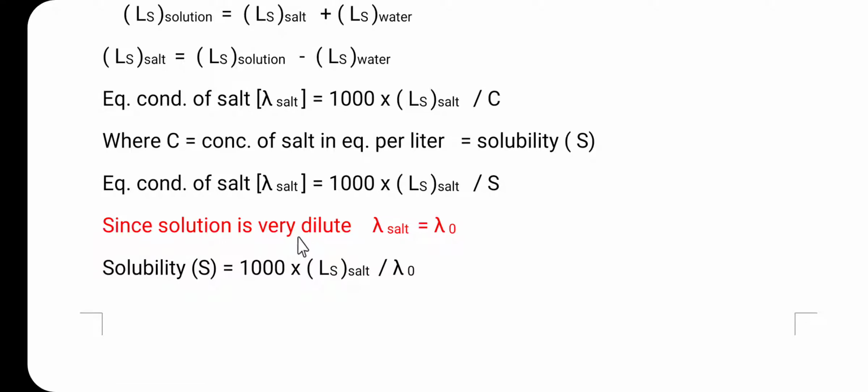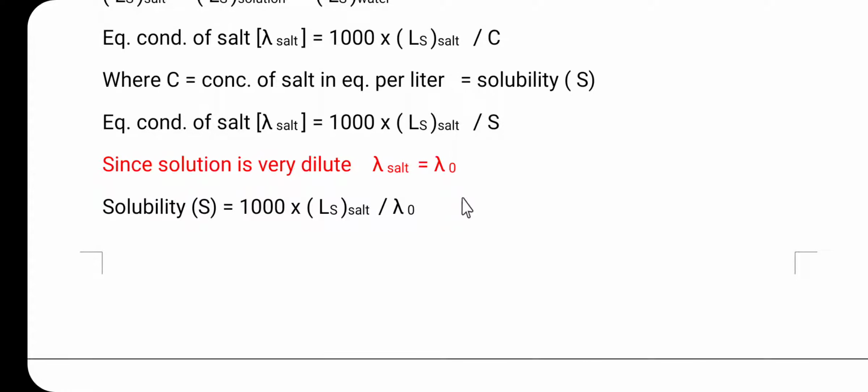Since the solution is very dilute, the lambda salt is equal to lambda 0. This lambda 0 can be taken from the table for the sparingly soluble salt. So the solubility S is equal to 1000 into LS divided by lambda 0.